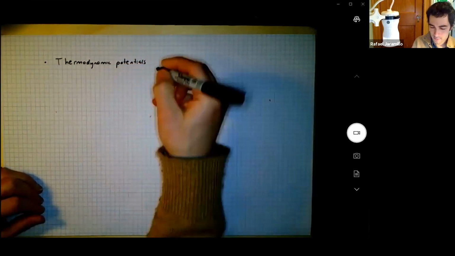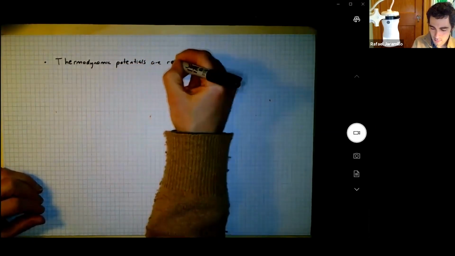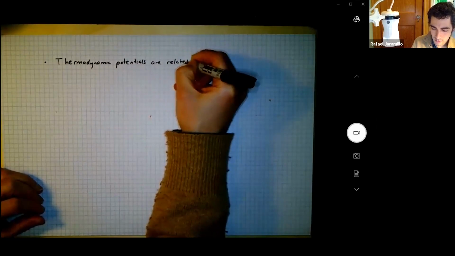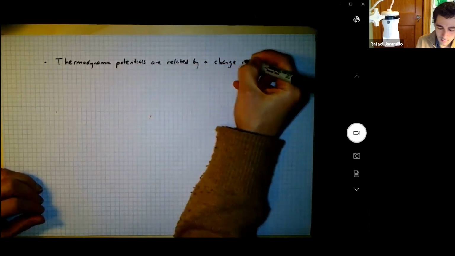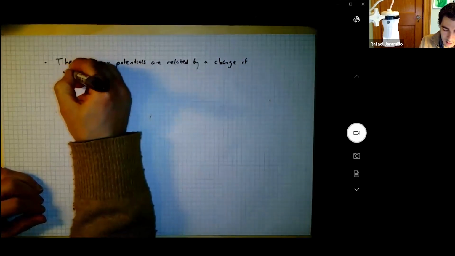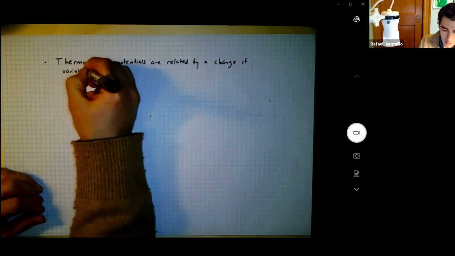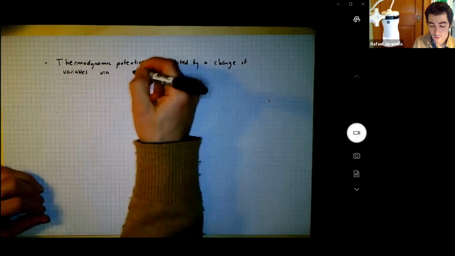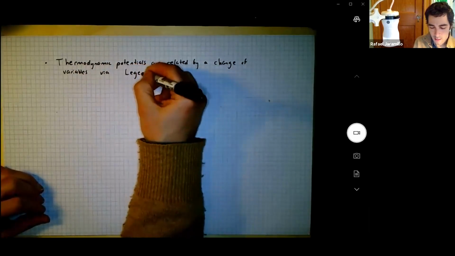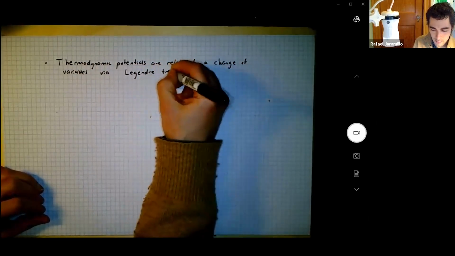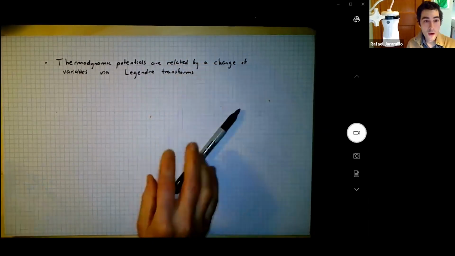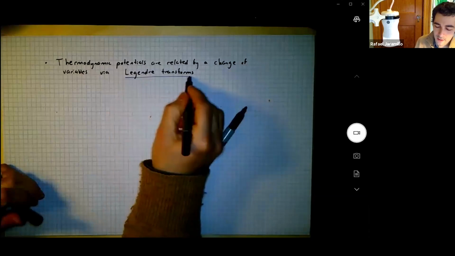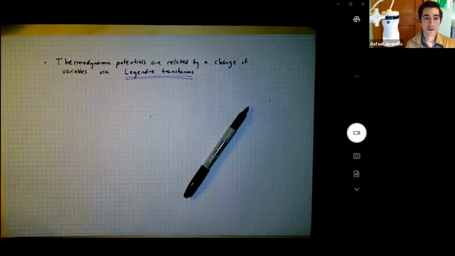The potentials are related by change of variables, via Legendre transforms. This is something we don't have time for in this class, and probably I wouldn't be able to teach very well anyway.